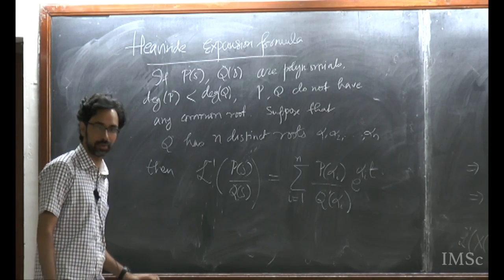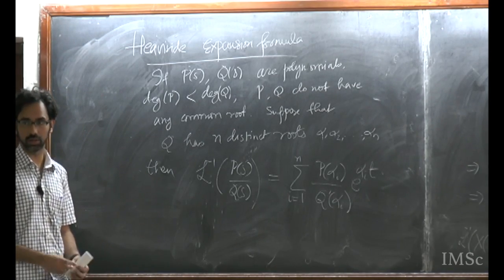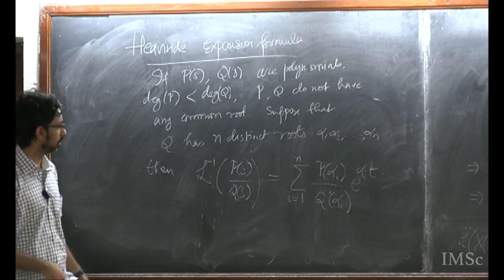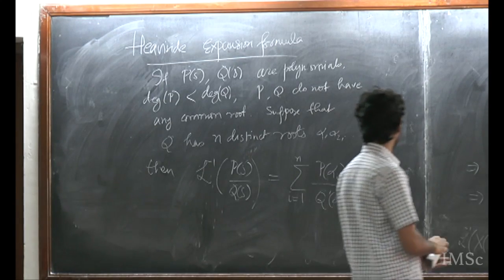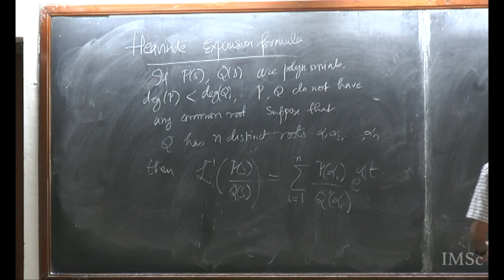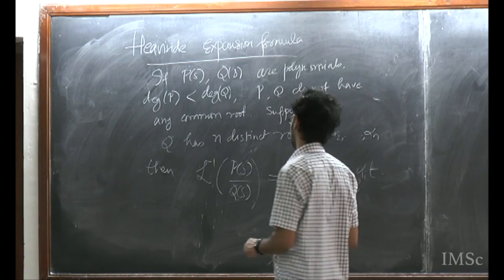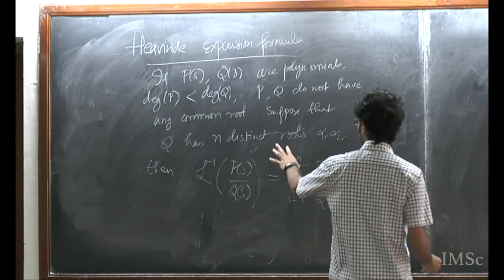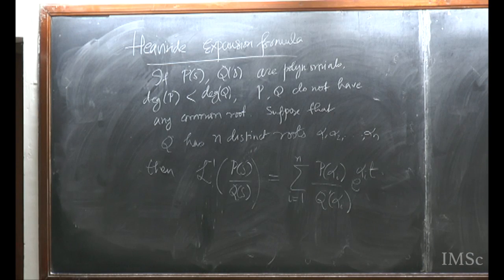Is this formula familiar? No? Okay, so let me prove it. By assumption, P and Q are not very complicated, they are polynomials.